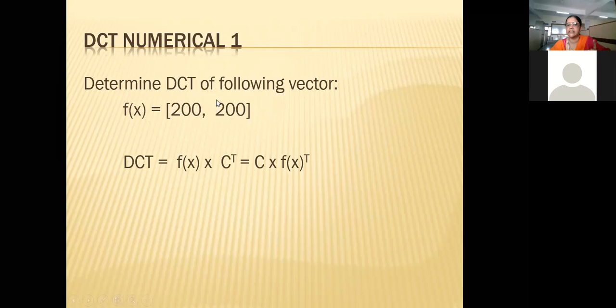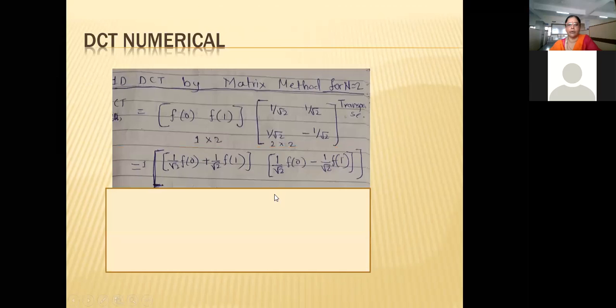The data represents 0 frequency, right? And there are no high frequency components. So you should get all high frequency coefficients as 0, because there is no high frequency existing in the input signal. You should get only one non-zero coefficient, which is the very first coefficient. Okay, that is the DC coefficient.